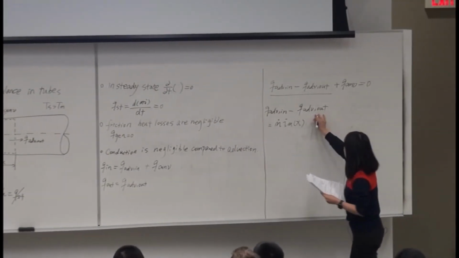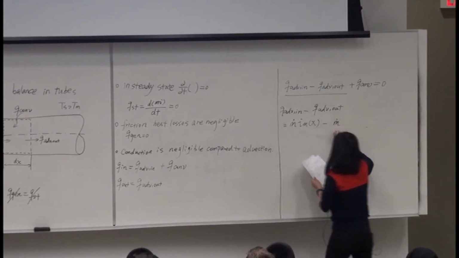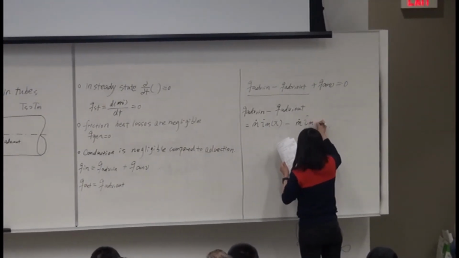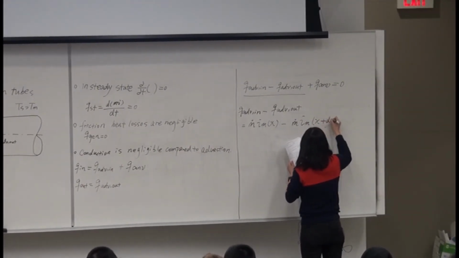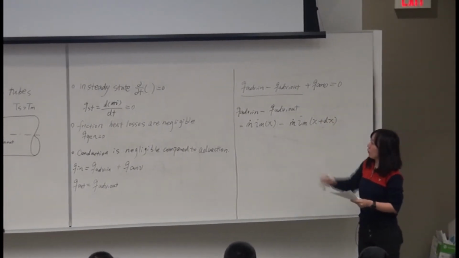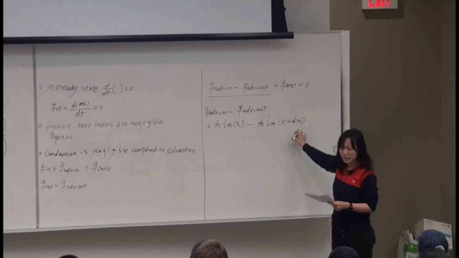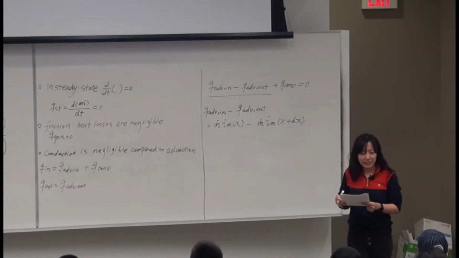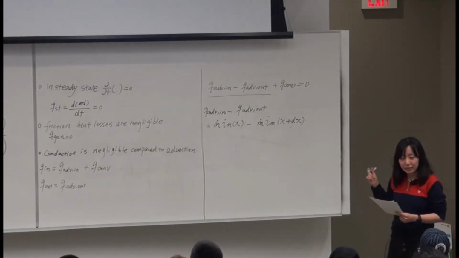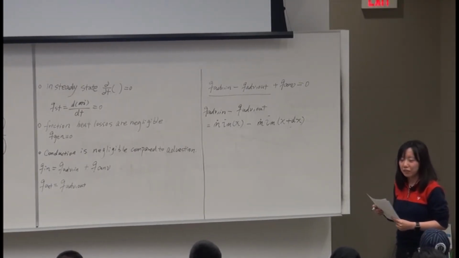Similarly for Q advection out, we subtract the mass flow rate times the mean enthalpy at location x plus dx. That's our Q advection in minus Q advection out. Does this term look similar? We have done this classic expansion for x plus dx when we derived the heat diffusion equation.